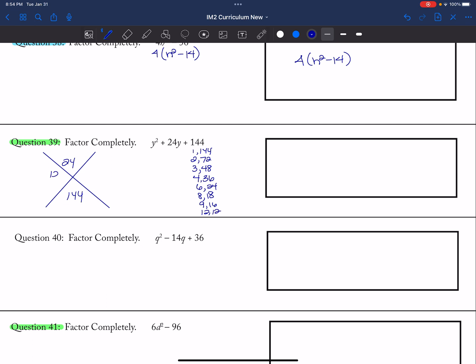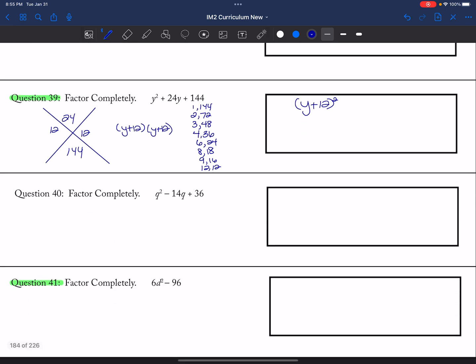Okay, so it is 12 and 12. Okay, and then so I have y plus 12 and y plus 12, which is y plus 12, the quantity squared.